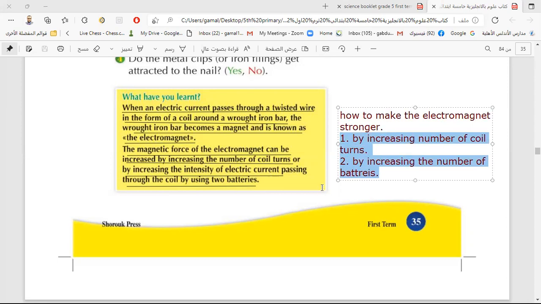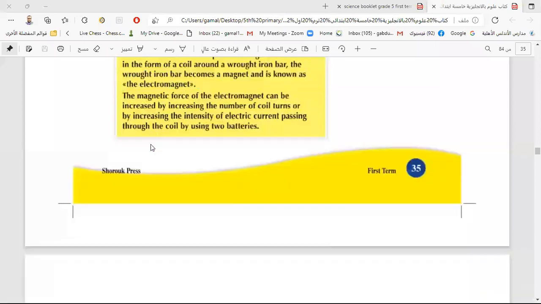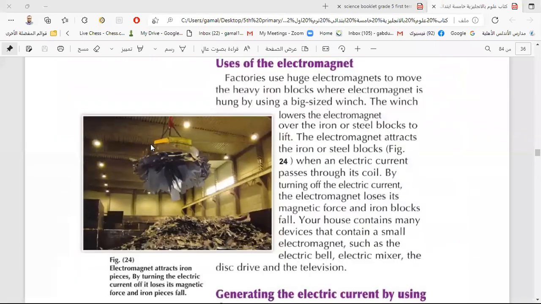Is it easy, my son? I think it is so easy. How to increase the strength of the electromagnet? How to make the electromagnet stronger? Number one, by increasing the number of coil turns, and also by increasing the number of batteries. That was the homework in the last session, and today we continue talking about the uses of the electromagnet.